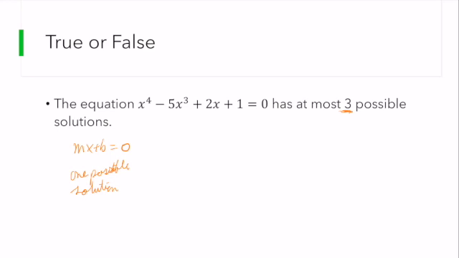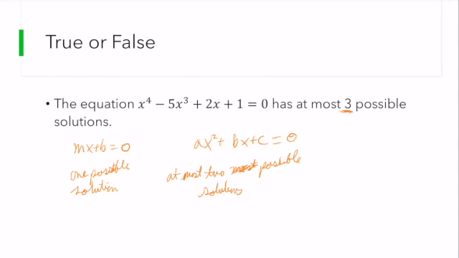Okay, if I have a quadratic function, how many possible solutions for this can I have, right? Remember, we unfoil these, we pull these apart. This is going to have at most 2 possible solutions.